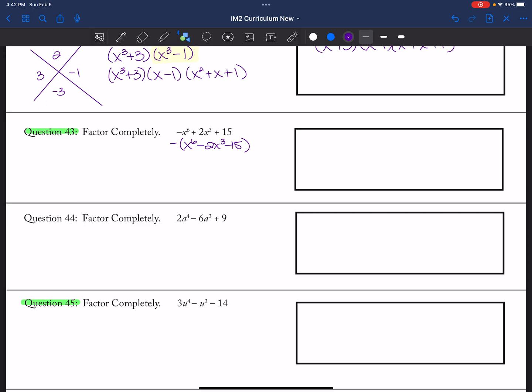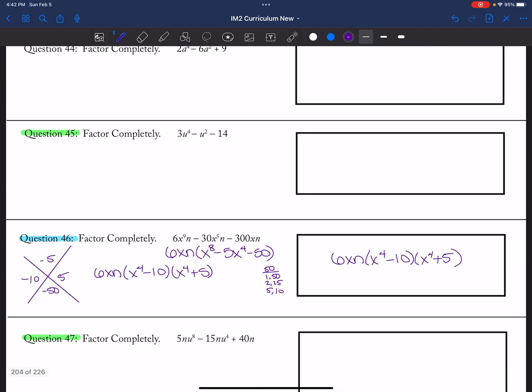So now, I get all paranoid with the cubes because I keep messing them up. Okay, so I have a negative 2 on the top and a negative 15 on the bottom. So then my factors are negative 5 and 3. So this will be negative x cubed minus 5 and x cubed plus 3.